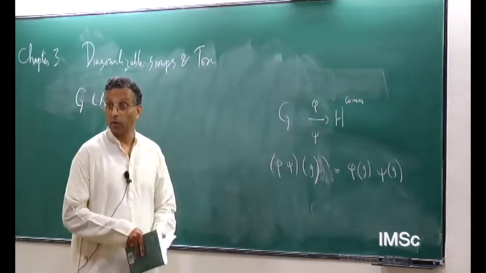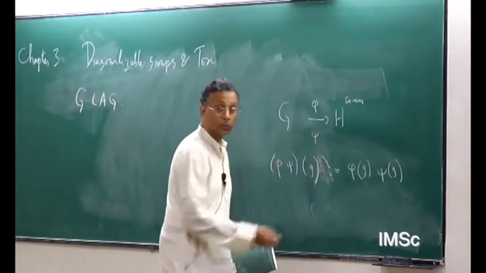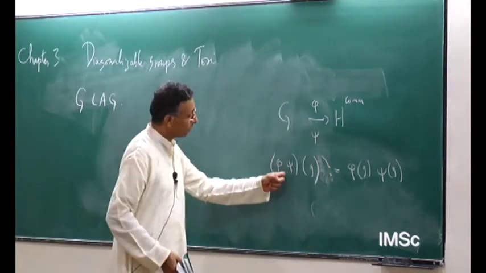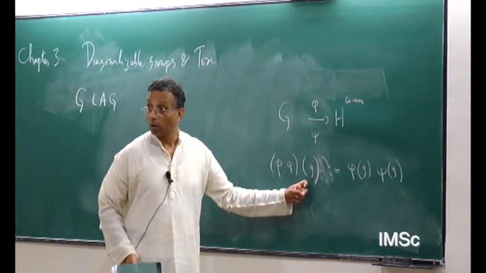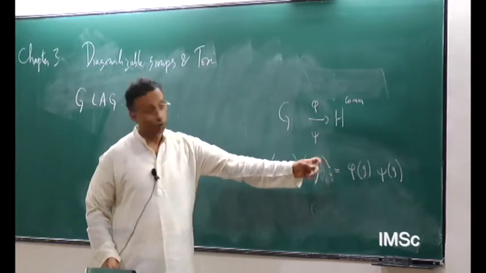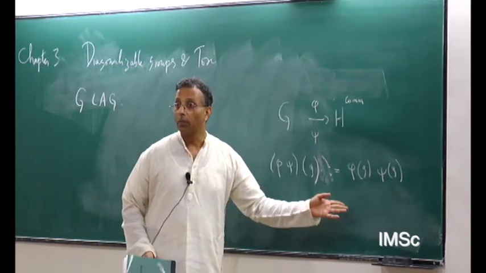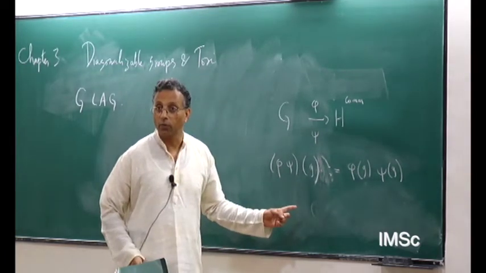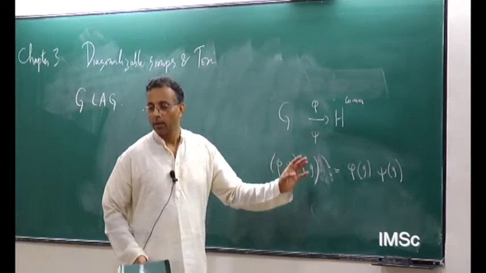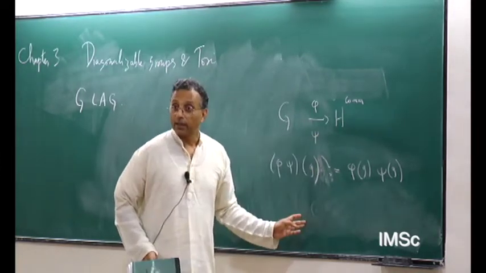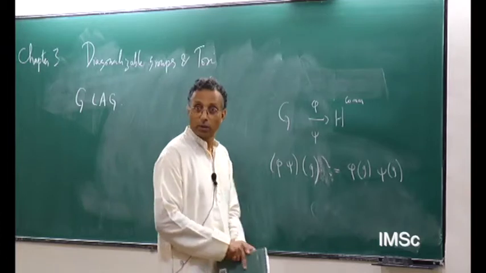This is my definition of pointwise multiplication. Of course I can define this without using commutativity of H. But the problem is that it won't be a homomorphism unless H is commutative; if H is commutative, I can easily see that it's a homomorphism, not otherwise.